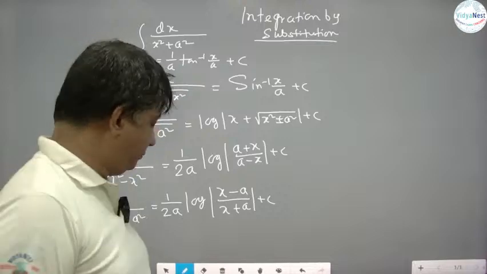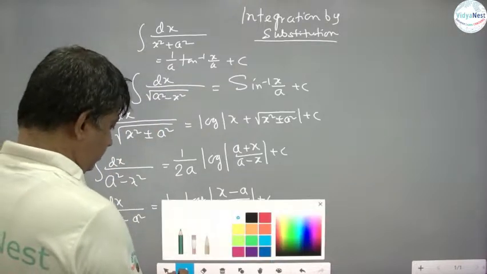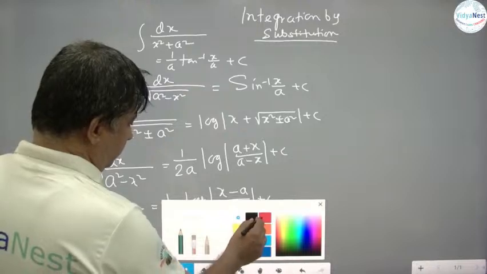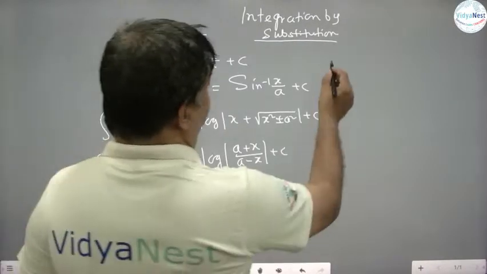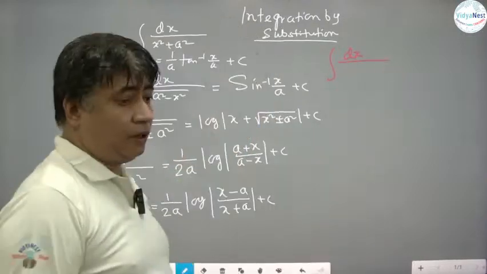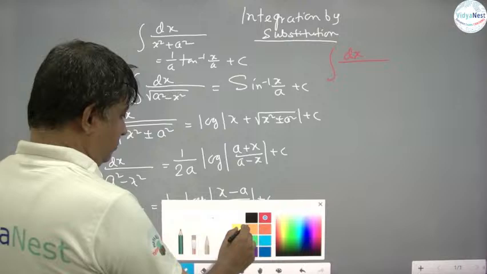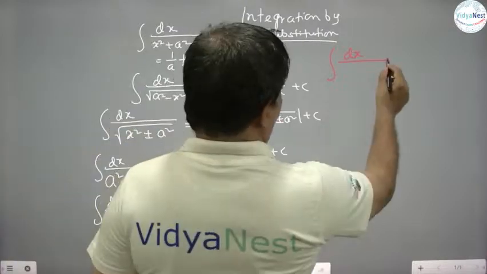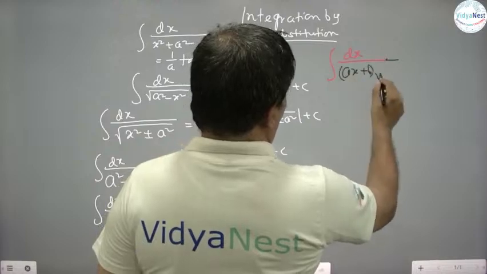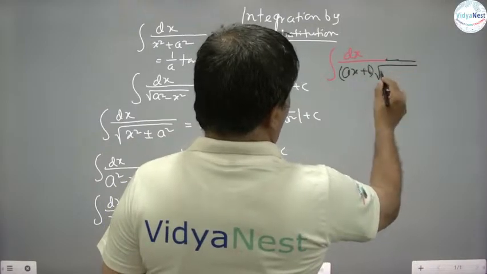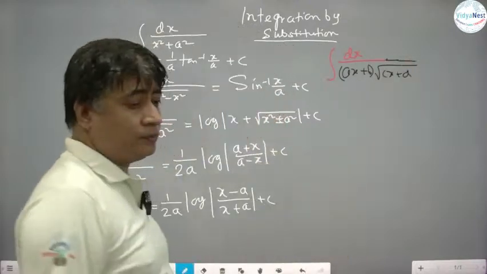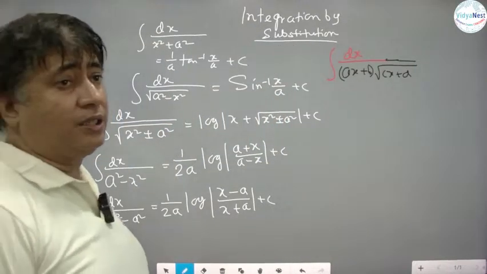Now, if you get integration of linear expression in denominator, but one linear part is under root, what kind of substitution is required?